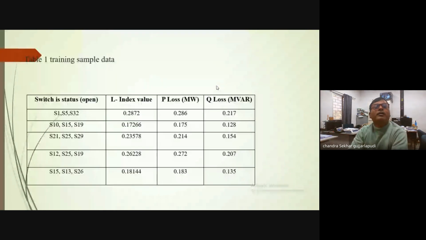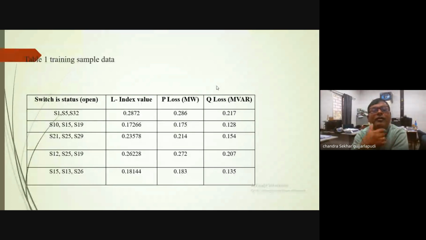In our case, we have utilized, say, three switches at a time for our power system network, so we may have in total 2 to the power 32 minus 1 configurations.